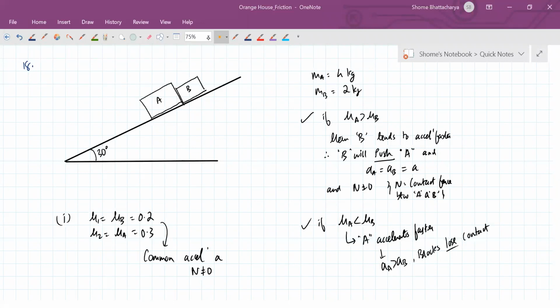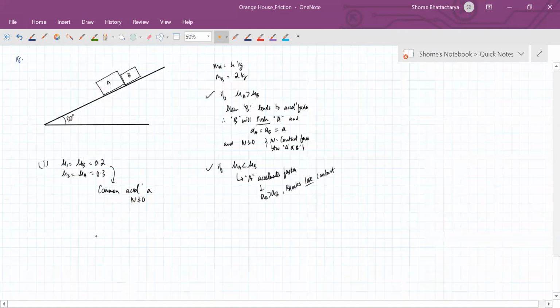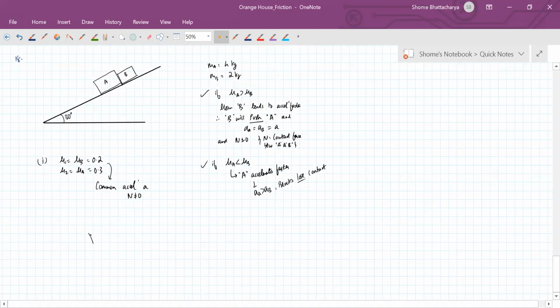Okay, so A's free body diagram. There will be some force with which B is pushing, plus there will be friction.